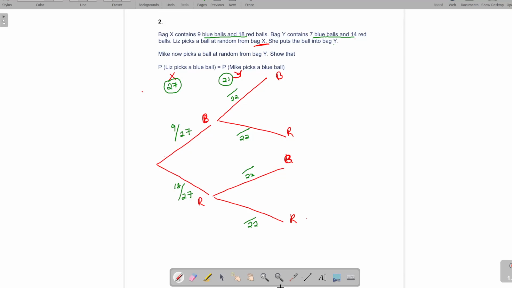If Liz picks a blue ball, then she will put that blue ball into bag Y. So the blue balls in bag Y will increase by 1. So that will be 8. So therefore the chance of picking a blue ball by Mike will be 8 over 22.